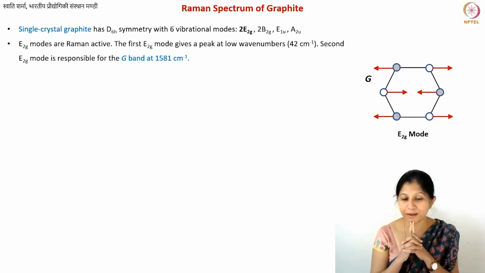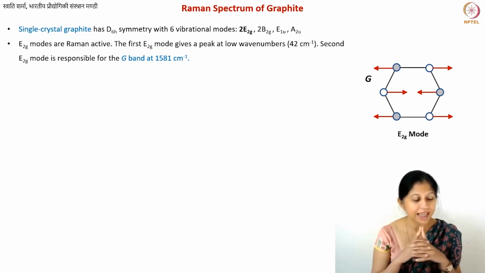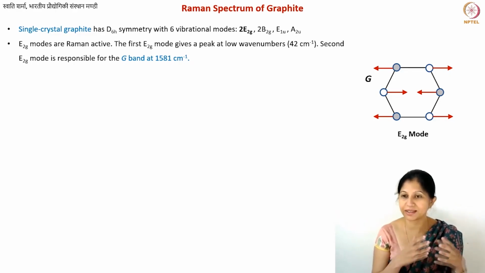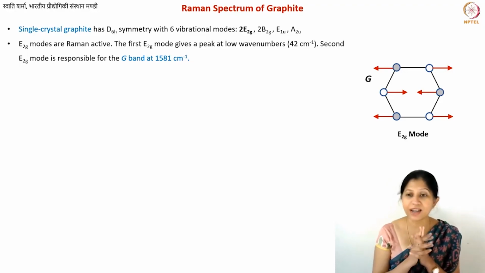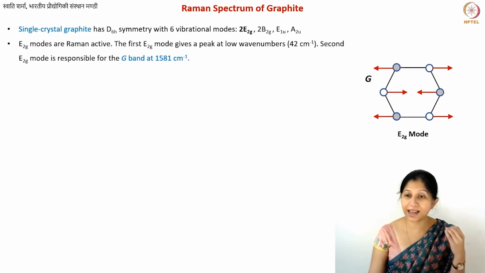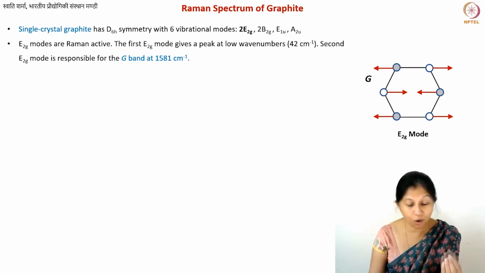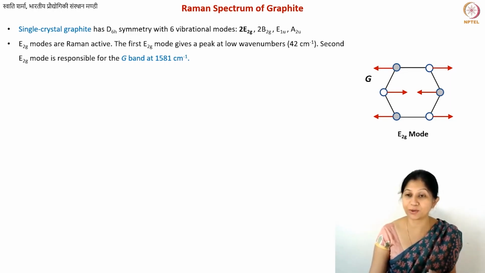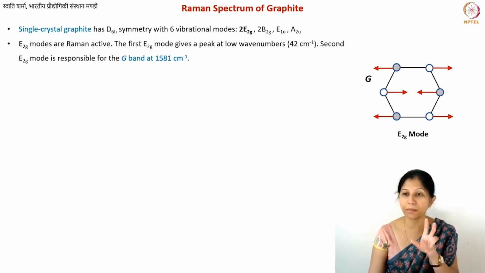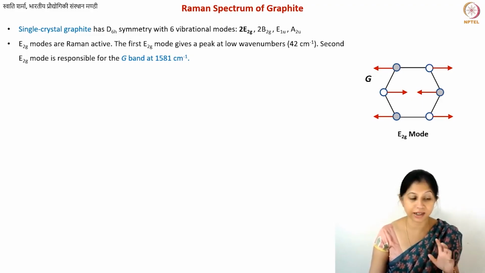What is very interesting about this peak is that even though it is called graphitic peak and it's a signature of graphite and so on, this is actually present in all sp2 carbons. This kind of vibrational mode is characteristic of sp2 sites. When we say sp2 sites, that means there are some sp2 hybridized carbon atoms connected to each other.